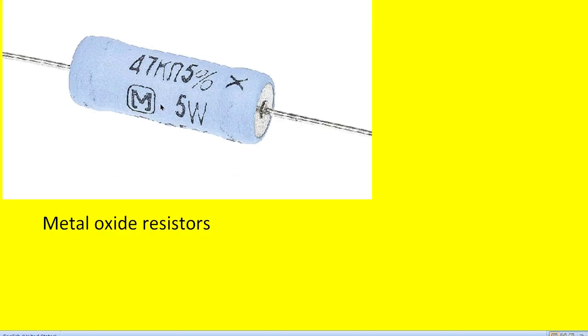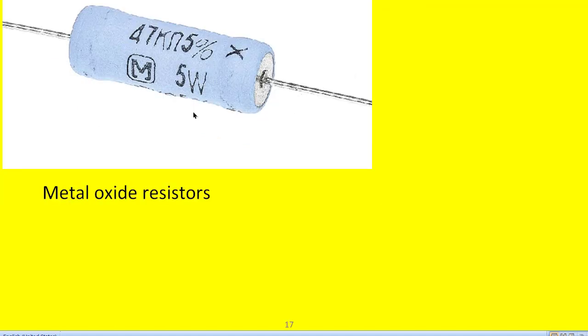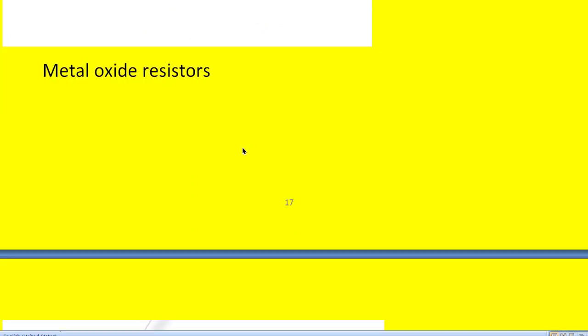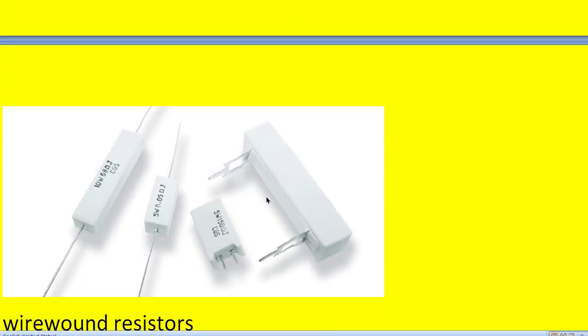The wattage that it absorbs, or the power loss, is 5 watts, and that is also mentioned. Means for metal oxide resistors, we can find directly the numbers: the resistance value, the tolerance, and the power loss or power rating of the resistor.